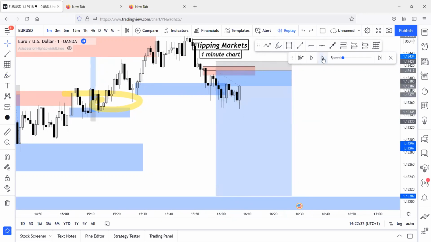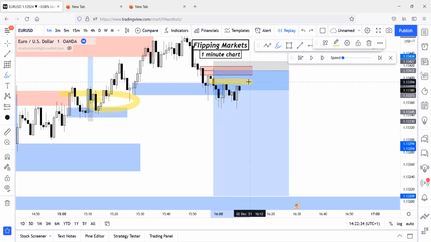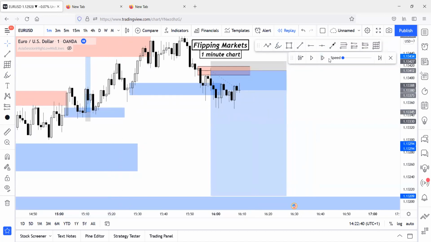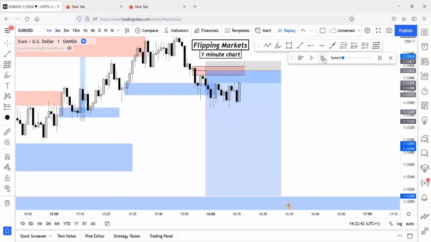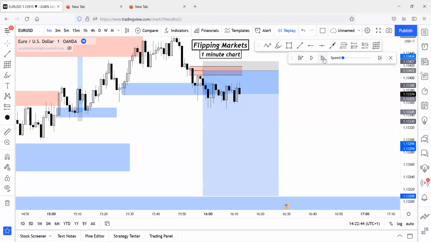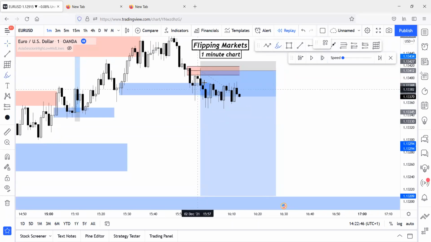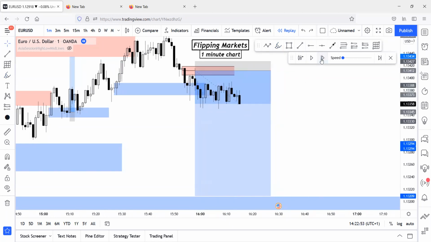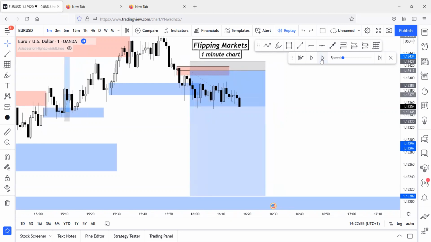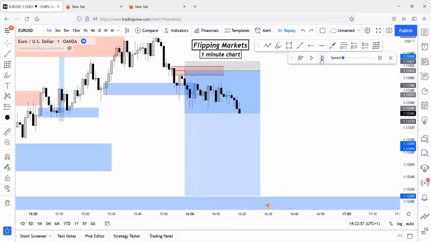Let's see what happens. Price is creating a range again, as you can see, equal tops and equal bottoms. Okay, price just barely fed that liquidity. That isn't a real sweep. Okay, more liquidity, more liquidity.